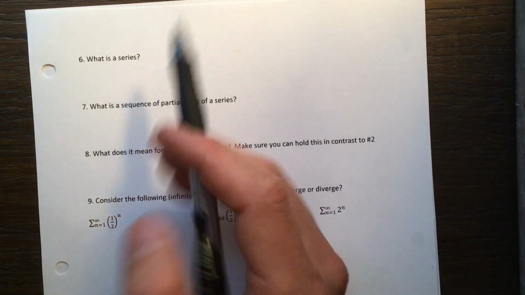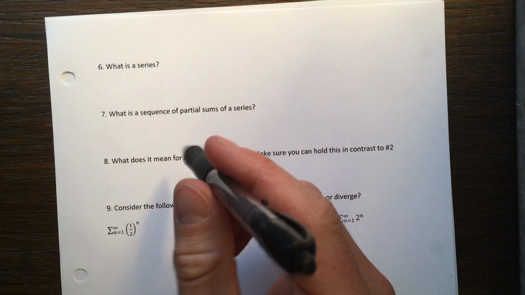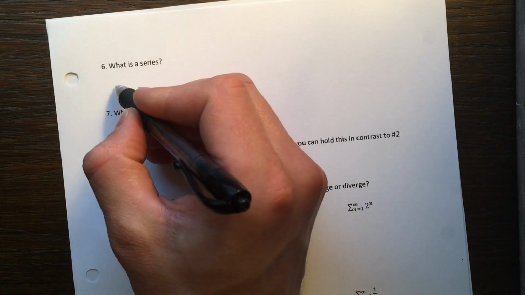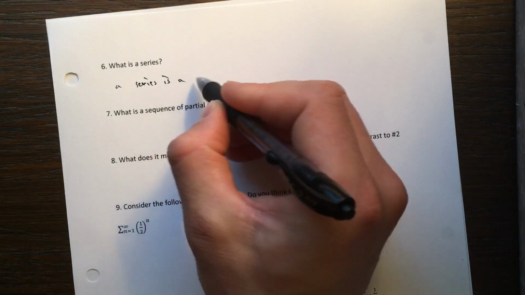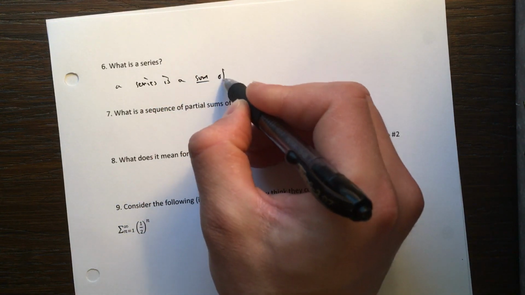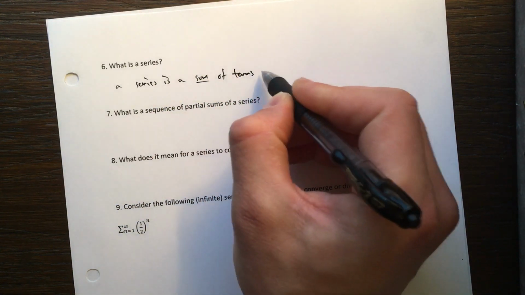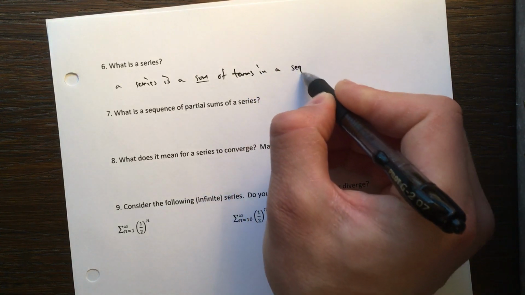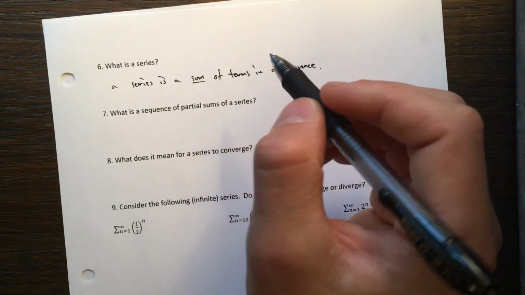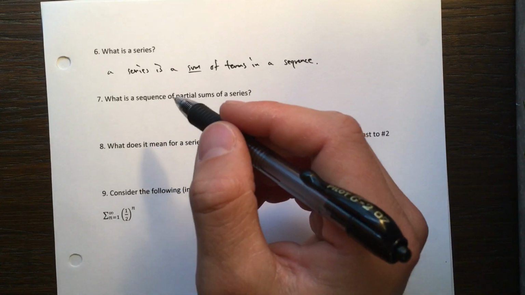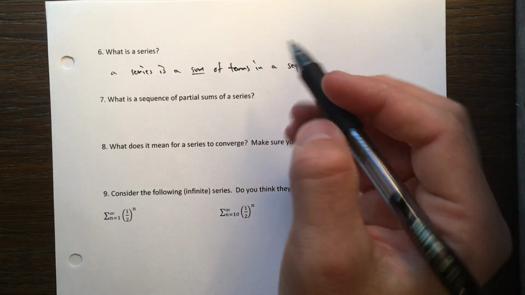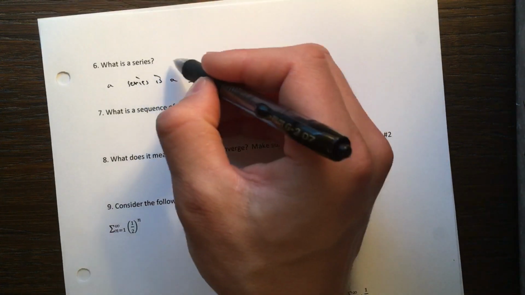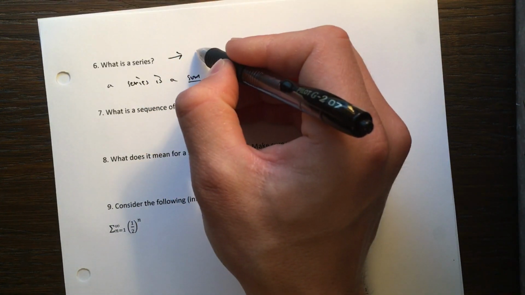Now we transition. What is a series? So a series is a sum of terms in a sequence. So if you have a sequence and you add up a bunch of those terms, you get a series. Interestingly enough, a series is just some number.